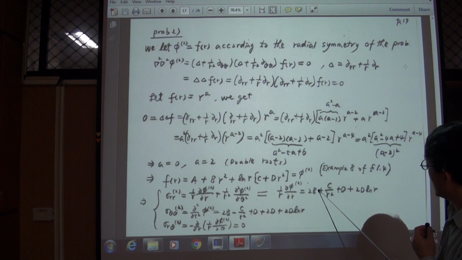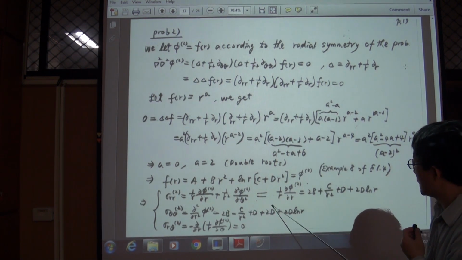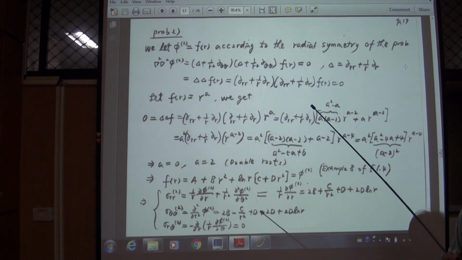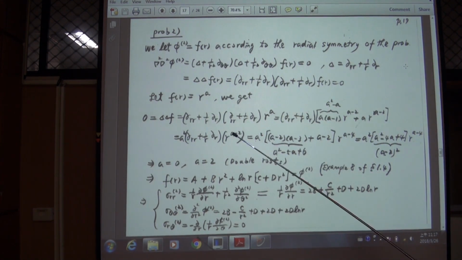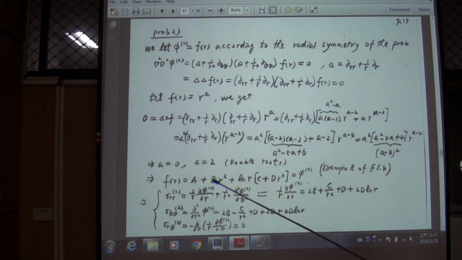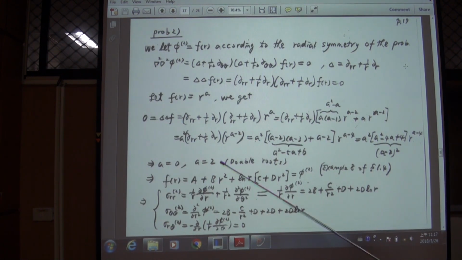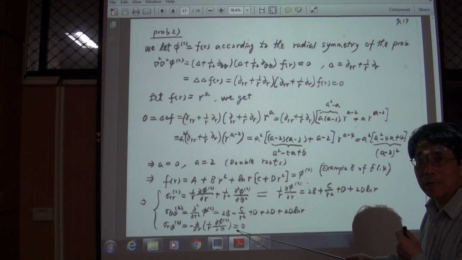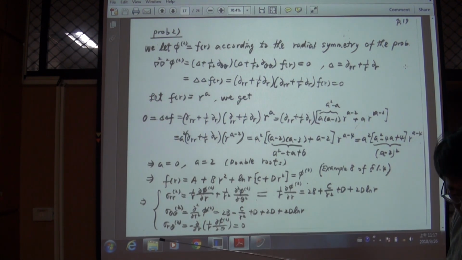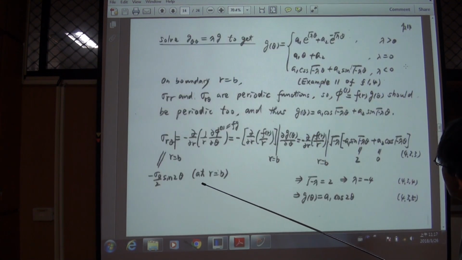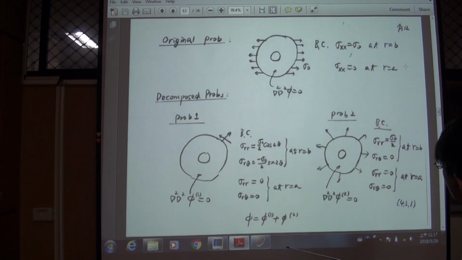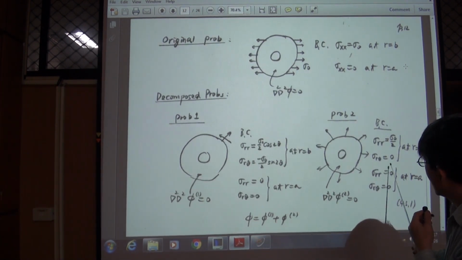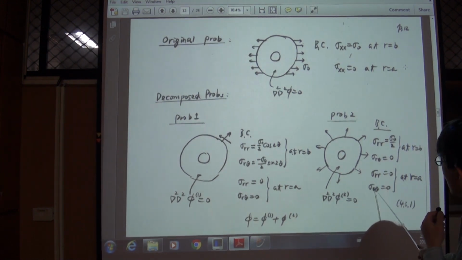And now we have three conditions, B, C, D. We don't have A anymore. How many conditions do we have? We have 4 conditions, okay? But 2 of them are not needed because the shear stress here equals 0. Understand? The shear stress equals 0 in the outer boundary and inner boundary.